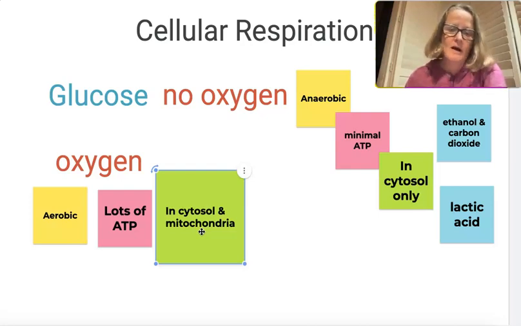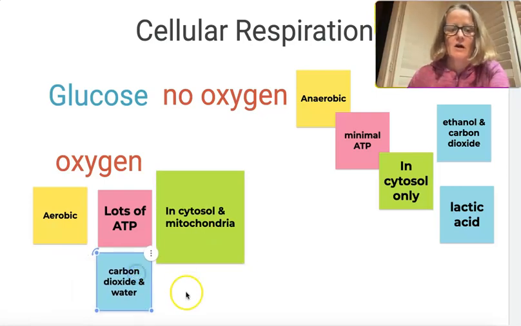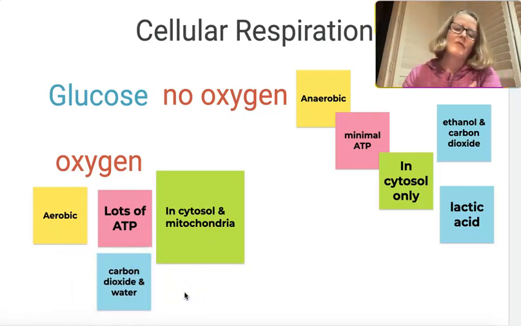So this is why we sometimes hear the mitochondria referred to very badly as the powerhouse of the cell, because without the mitochondria getting involved with the oxygen, you don't get to release all of the potential that's being stored in the glucose. So the products at the end of aerobic respiration are carbon dioxide and water. We have fully oxidized that glucose molecule and released every bit of energy we can from it.